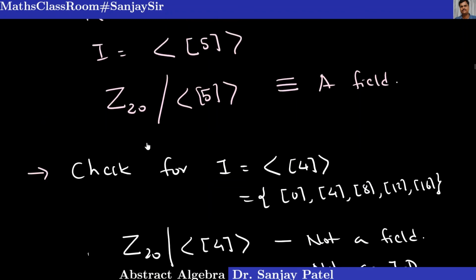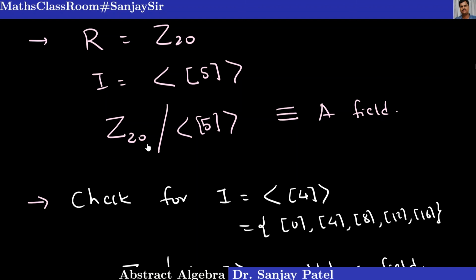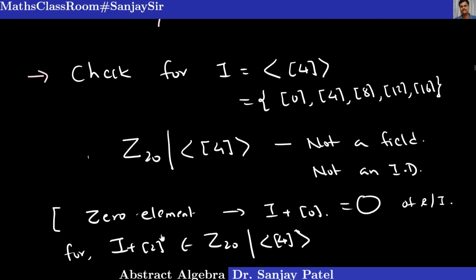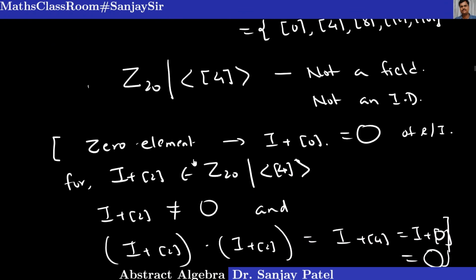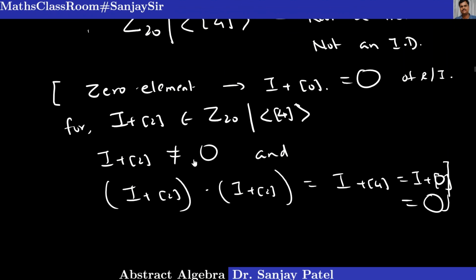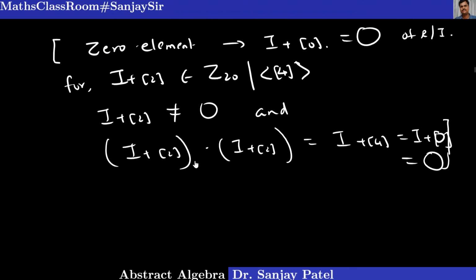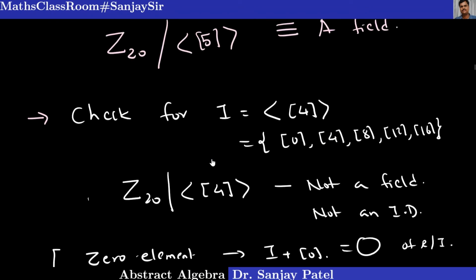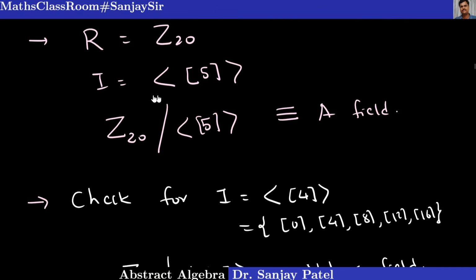So this way we have discussed in detail all important facts about the quotient ring, and this quotient ring is very, very useful for our advanced topics in ring theory, and we'll be able to answer under what condition the quotient ring R mod I is a field and under what condition the quotient ring R mod I is an integral domain.